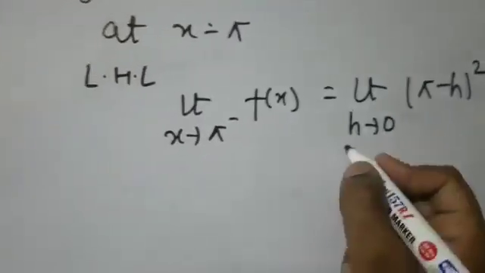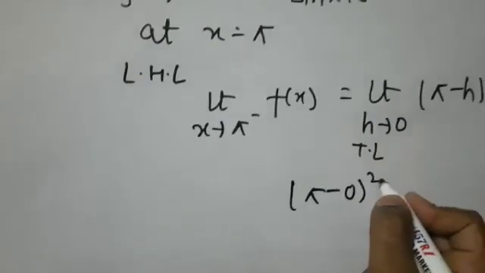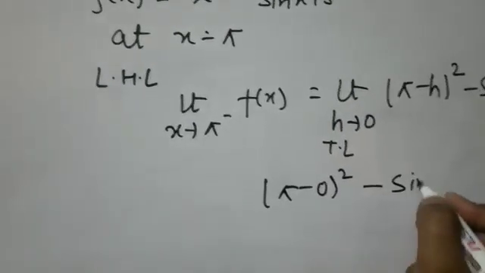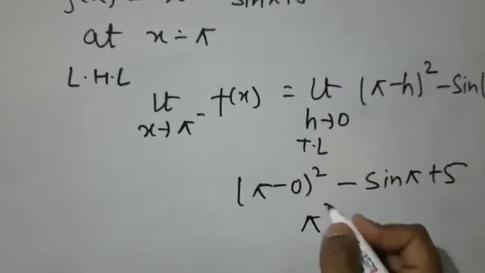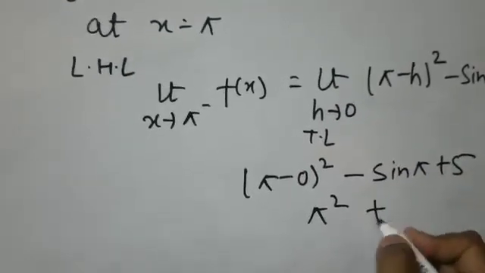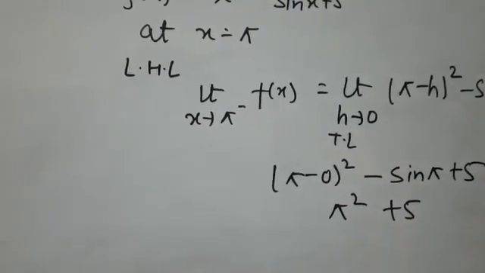On taking the limit we get (pi minus 0) square minus sin pi plus 5. So it gives you pi square plus 5. So our left hand limit is pi square plus 5.